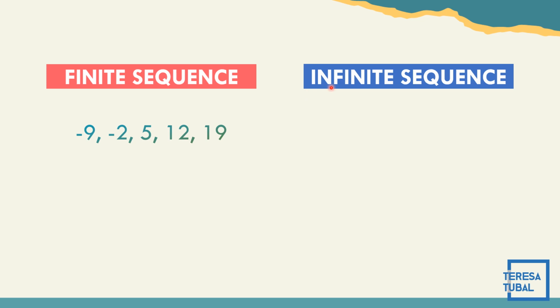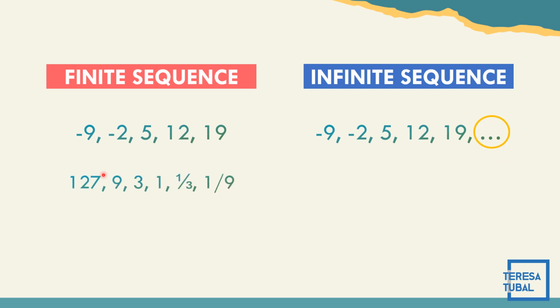While the infinite sequence example is negative 9, negative 2, 5, 12, 19, and then the three dots, which are the ellipsis. If we observe, the given is the same. The only difference is the last term. There is a first term in both. There is a last term, but in the infinite sequence, it is infinite. That means you do not know when it will end. So it is represented by three dots or the ellipsis.